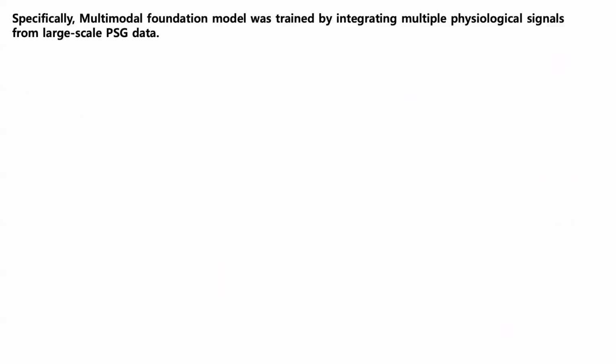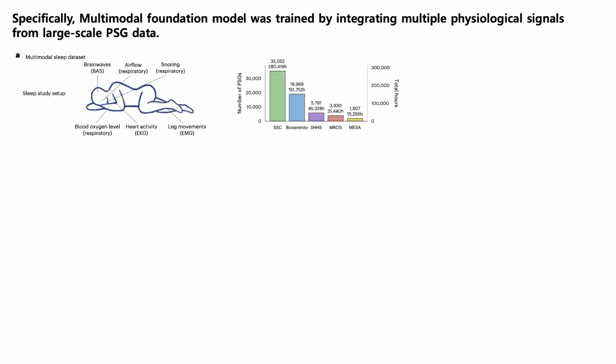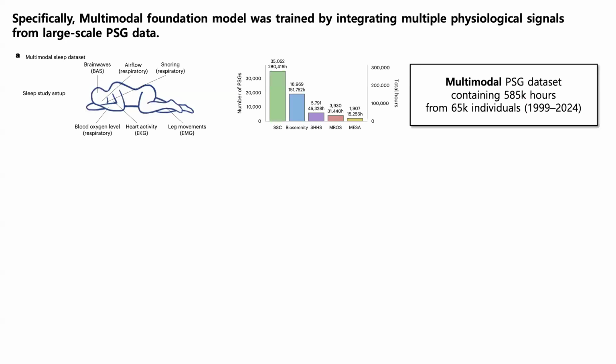Specifically, the multimodal foundation model was trained by integrating multiple physiological signals from large-scale PSG data. They use several PSG datasets like SHHS and other datasets. This multimodal PSG data contains 585K hours from 65K individuals from 1999 to 2024.